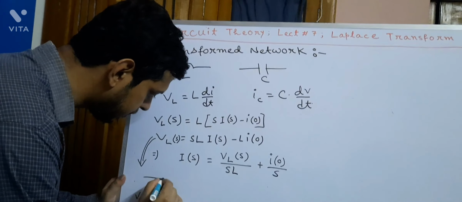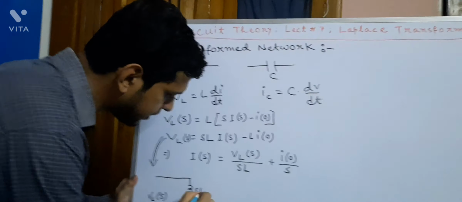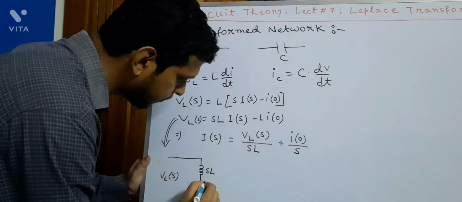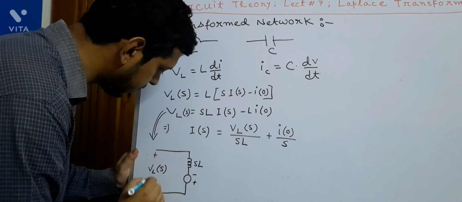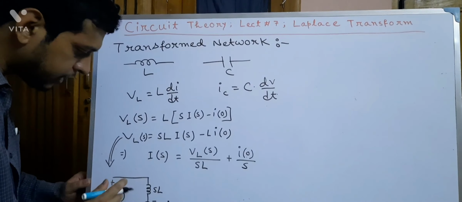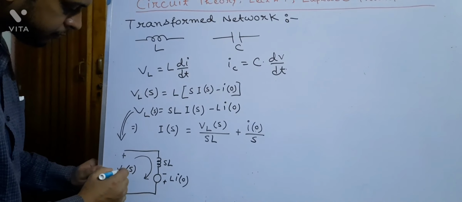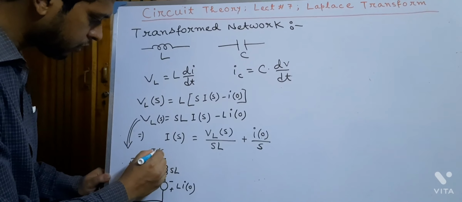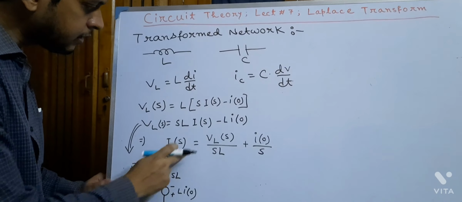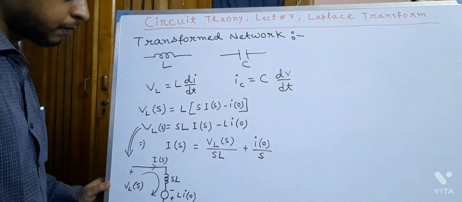VL(s) equals what? Apply KVL across this loop. We will get VL(s) equal to sL into I(s) minus L I0.